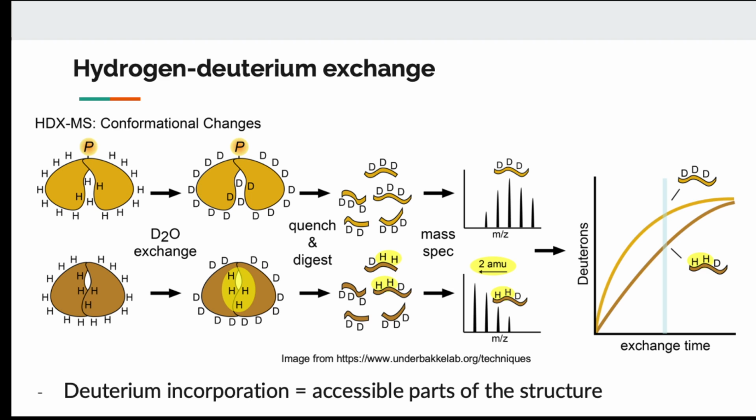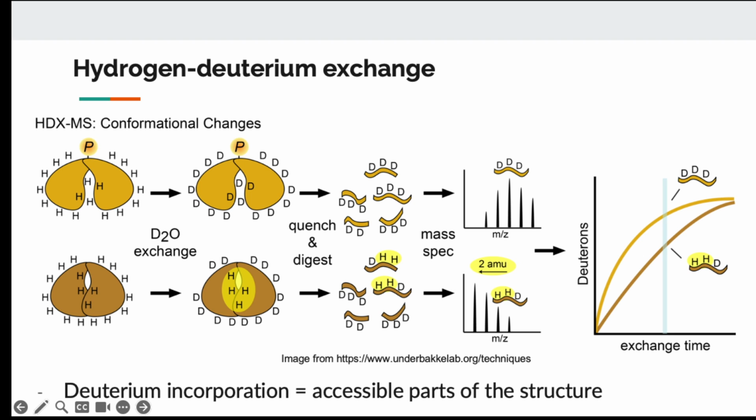The second technique is called hydrogen deuterium exchange, and it utilizes the fact that deuterium, which is the heavy form of hydrogen, is very reactive. If you introduce water with deuterium instead of hydrogen, any hydrogen in your protein that is solvent accessible, that the water can reach, will change into deuterium.